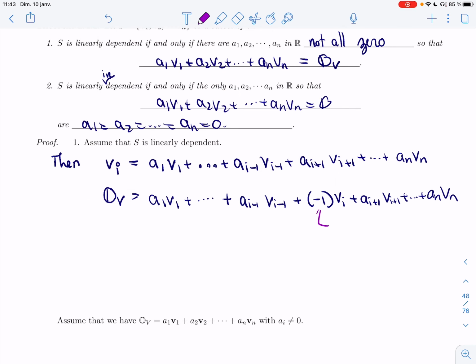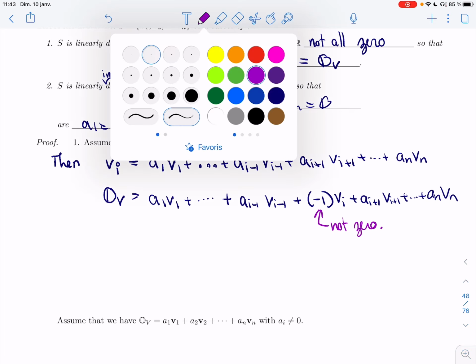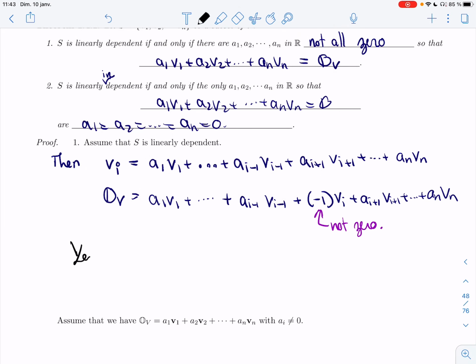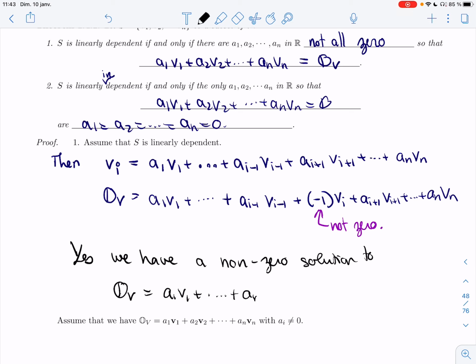So this one is not 0. And so yes, we have a non-zero solution, or a non-trivial solution to this equation. All right, so that's one direction.